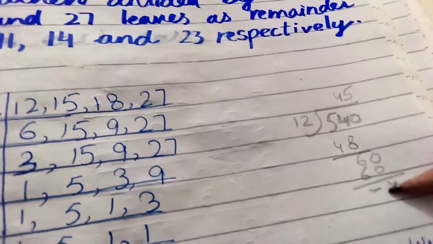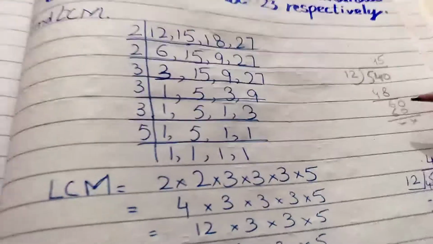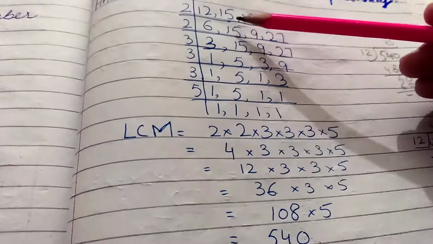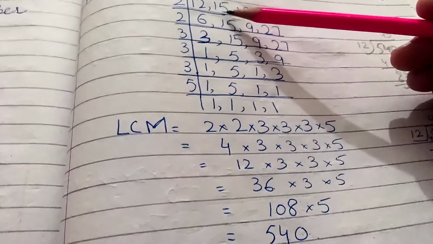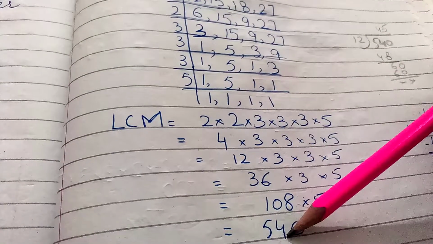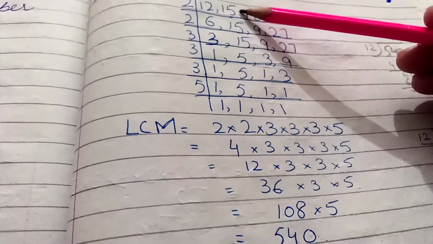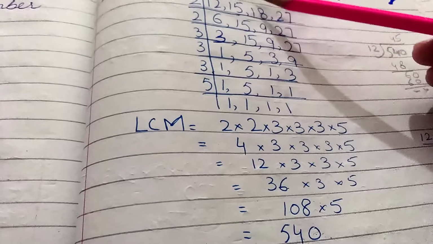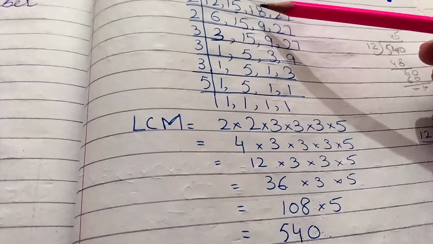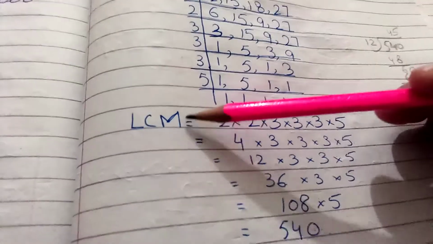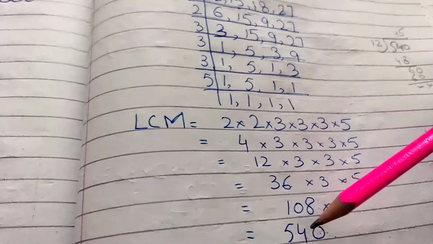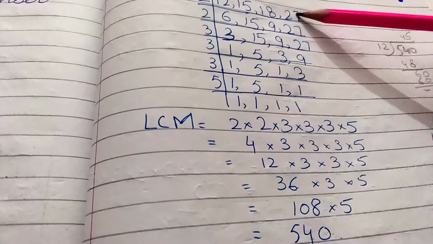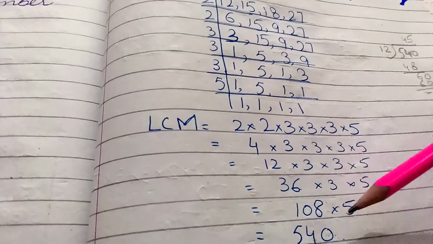Similarly, 540 is a multiple of 15, so when I divide 540 by 15, the remainder will be 0. Similarly, 540 divided by 18, the remainder will be 0. And when I divide 540 by 27, the remainder will be 0.